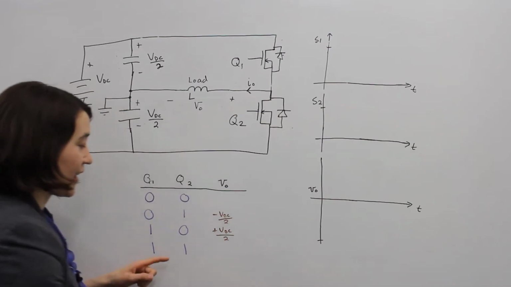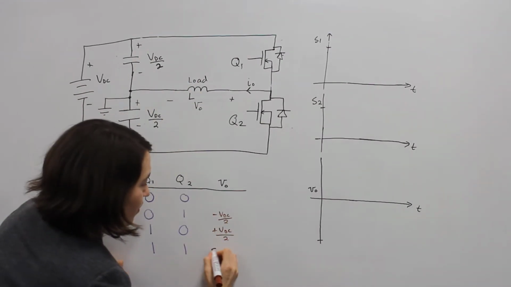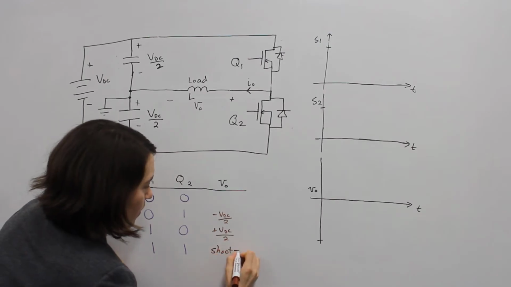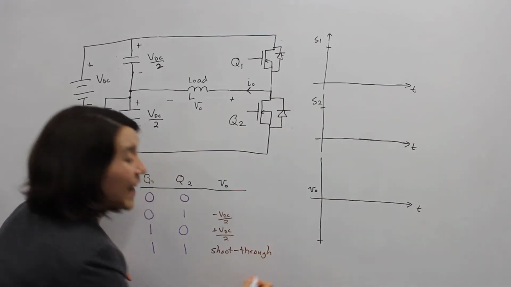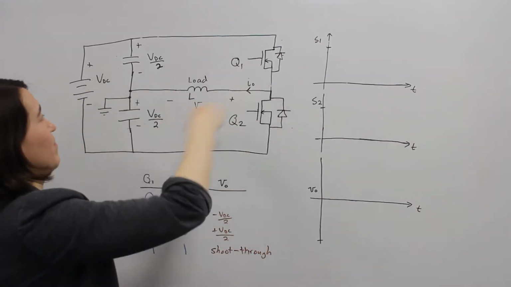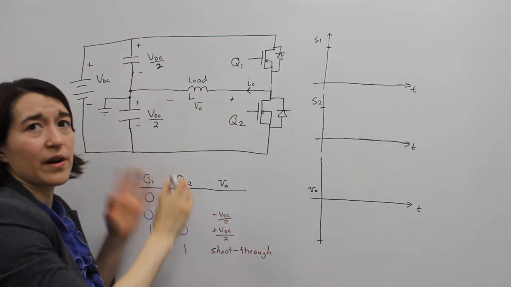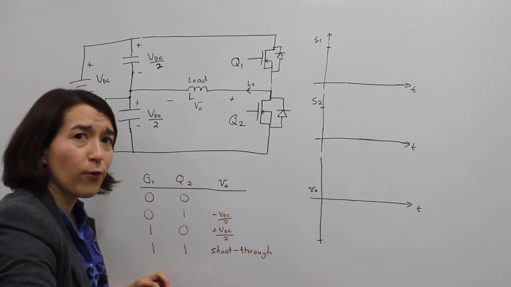We know that that is this condition, and in real life, that is shoot through, and that is bad. We do not want that. It's just going to put current through here and nothing goes to the load and it's a waste on our source. We want to avoid that.